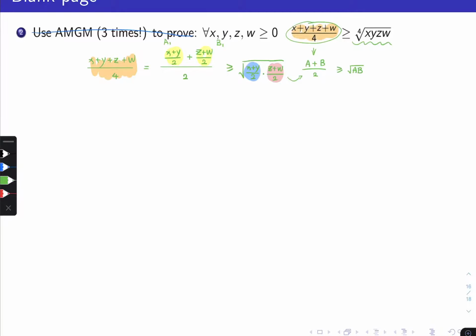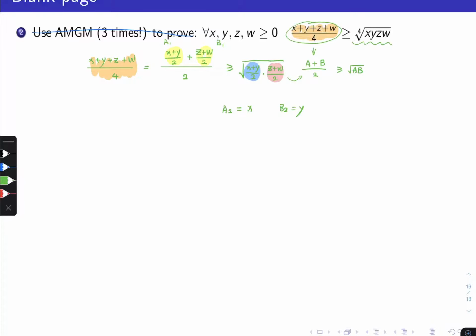My second set of A and B, I'm going to call A2 and B2. I'm going to assume my A2 is x, B2 is y. Because from this term you can see that x is A here and y is B here, over 2, right? So this is my second set of A and B.